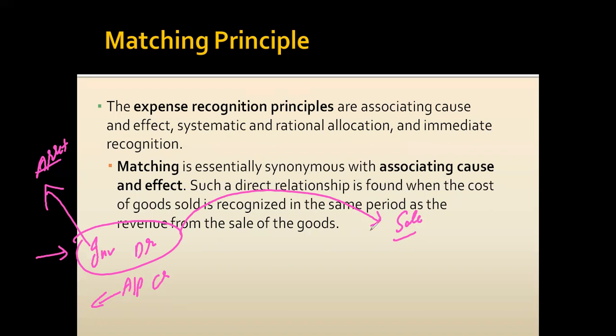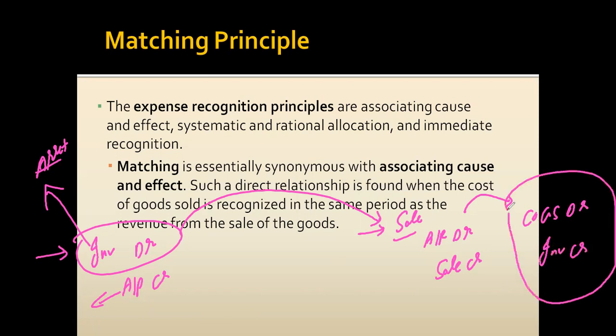When you make the sale of this inventory, you will pass this accounting entry: accounts receivable debit and sales credit. On the other side, cost of goods sold debit and inventory credit.